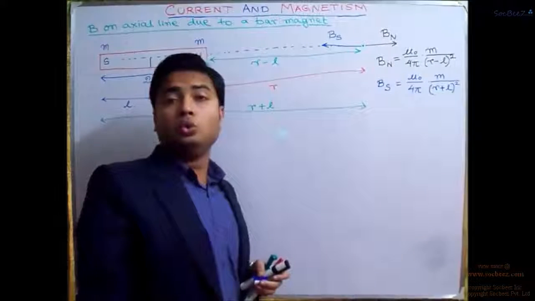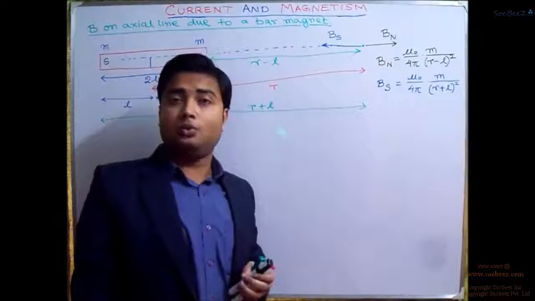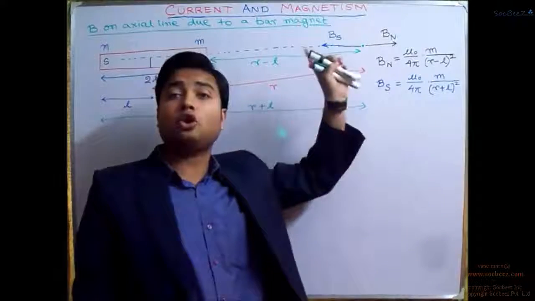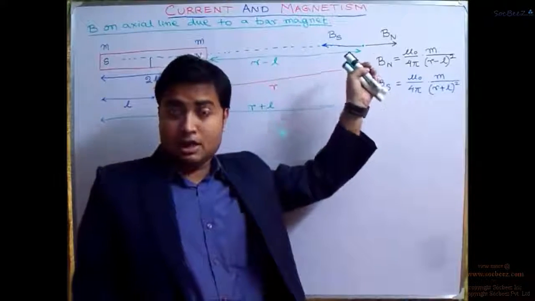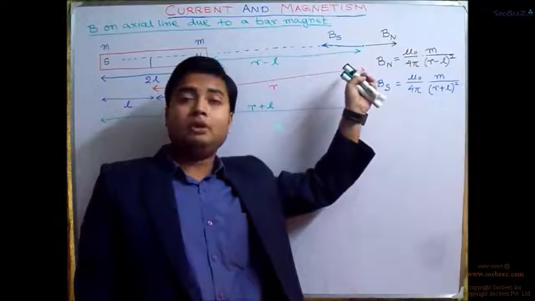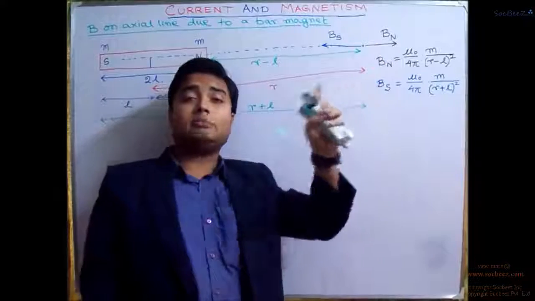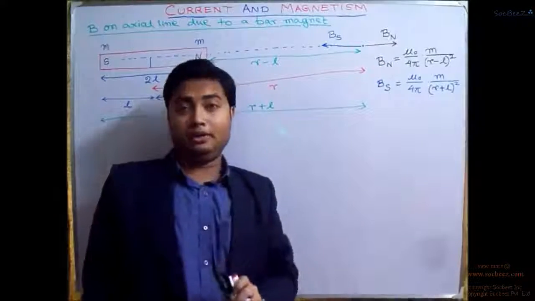This is true when, in the scenario, we have taken the assumption that at this point the North Pole is present and at the same time the pole strength at this point is basically equal to unity.